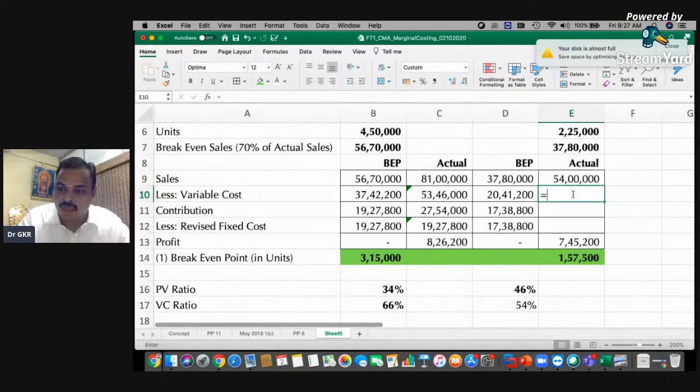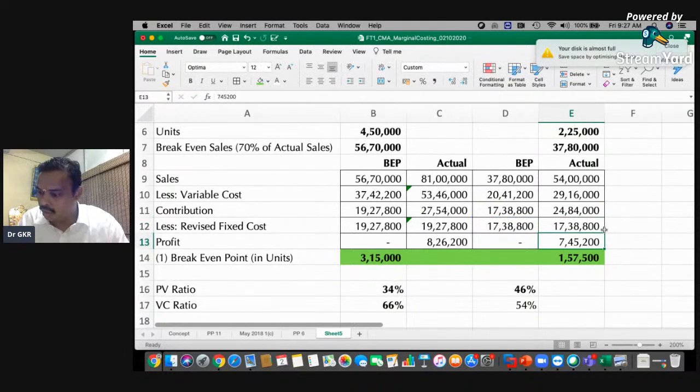Now here on 54 lakhs, 54% will be 2916. So what is your contribution? 2484. Subtract the 1738,800. So on 24 lakhs 84,000, subtract 17 lakhs 38,800, you get 7 lakh 45,200. Wow. So we have got this.